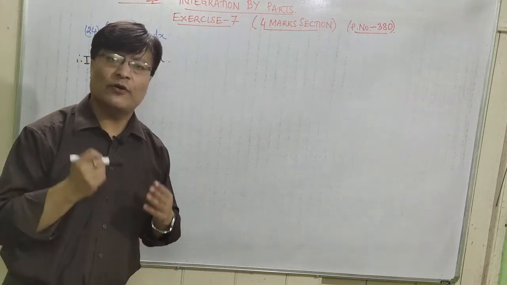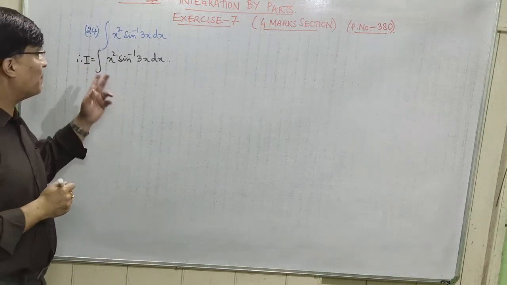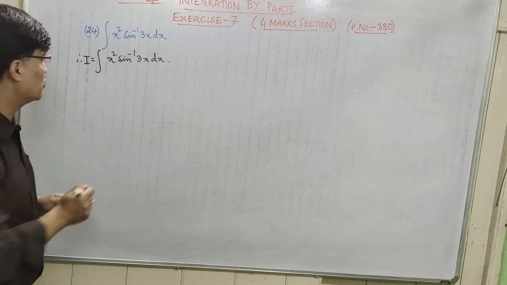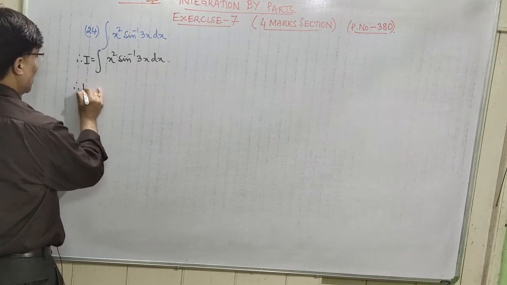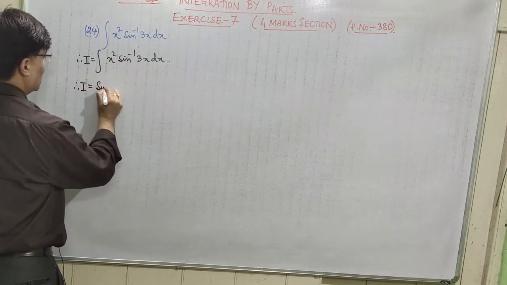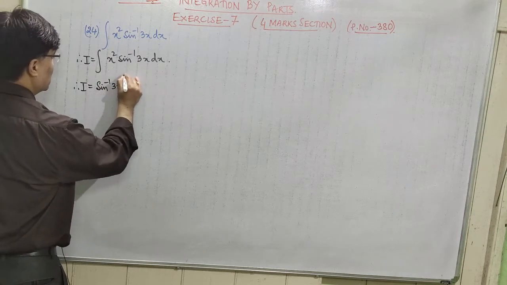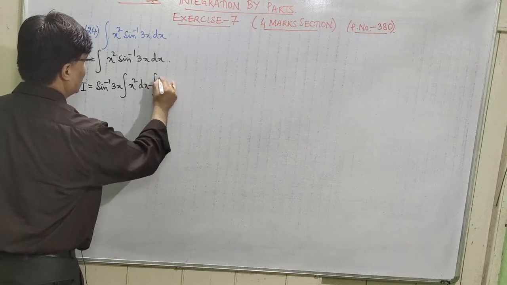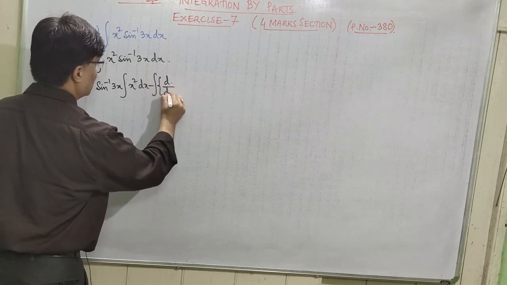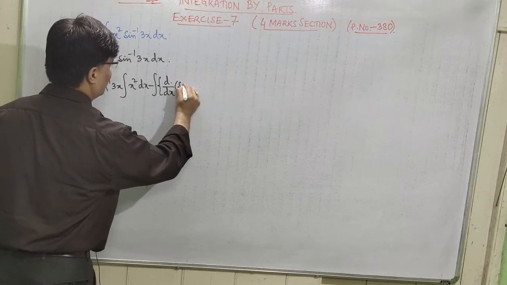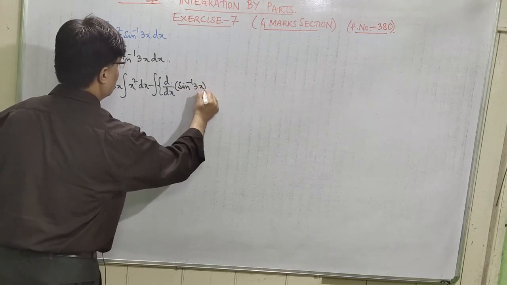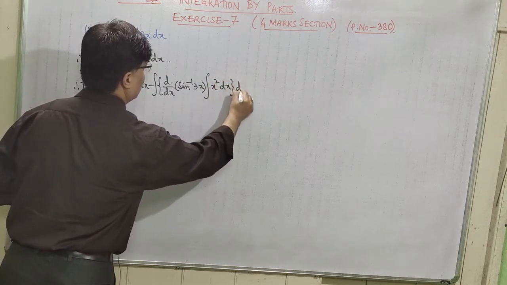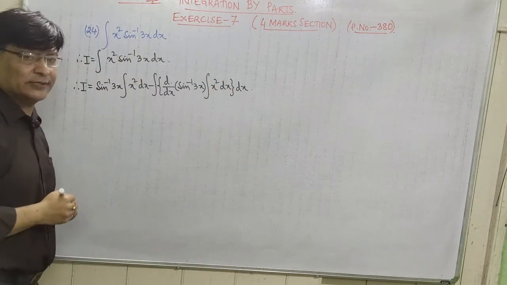So let us use formula for integration by parts for this integration of the product of two different functions. So therefore I is equal to sine inverse 3x integration of x square dx minus integration of, second bracket, dy dx of sine inverse 3x integration of x square dx, second bracket closed, dx.